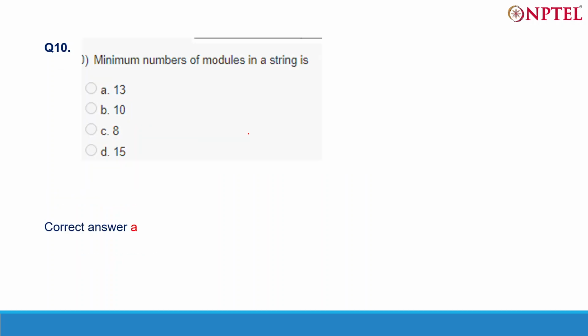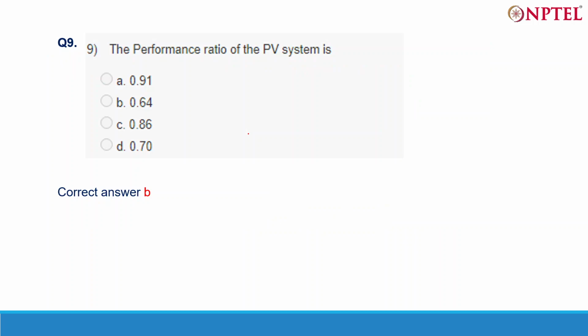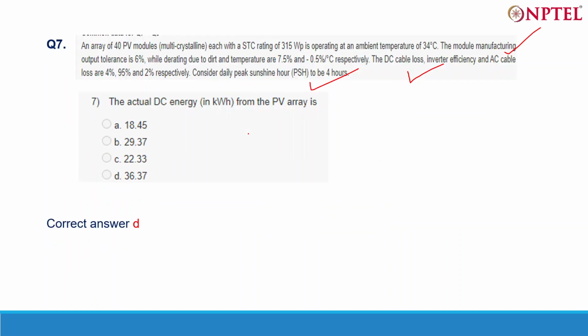The more questions you practice, the better you will be. And questions 7, 8, 9 I will solve for you guys. So please see how I am solving. Okay, number of modules is given 40. First write the data. STC is given. How much STC is given? 315. Mind the units, okay?